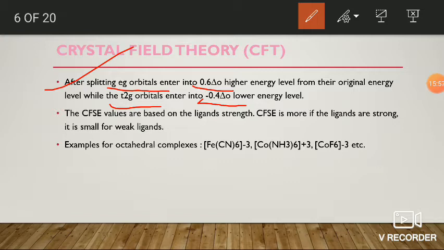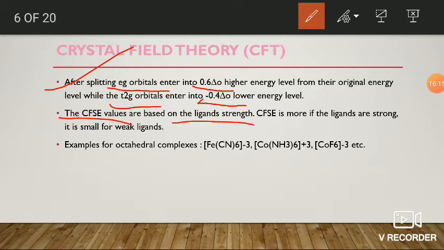Okay, that is, the T2g orbitals get stabilized by entering lower energy, but the EG orbitals get destabilized by entering higher energy level.